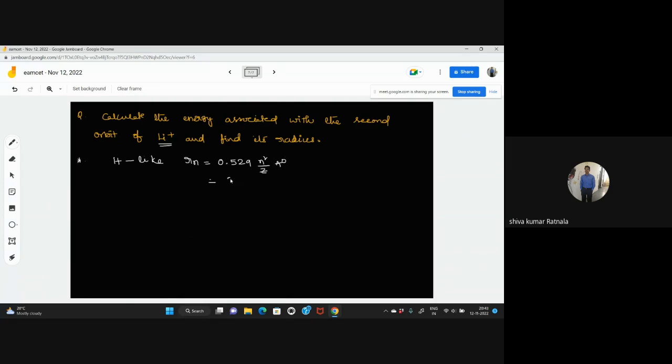That will be 0.53 into second orbit, so 2 square by lithium's value. Hydrogen, helium, lithium, atomic number 3. That means 0.53 into 4 by 3.